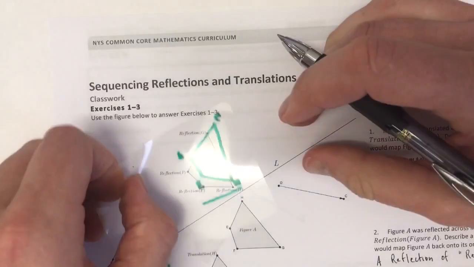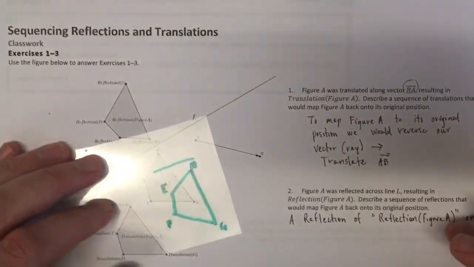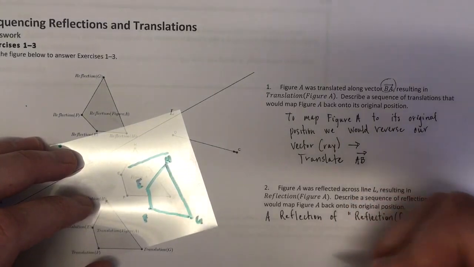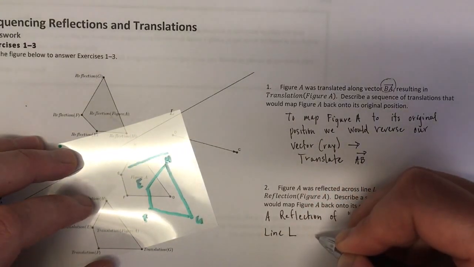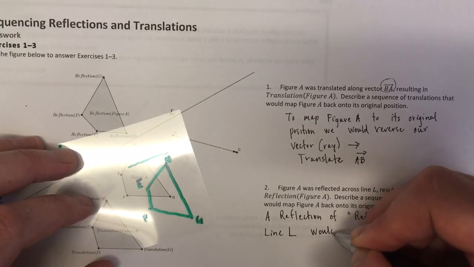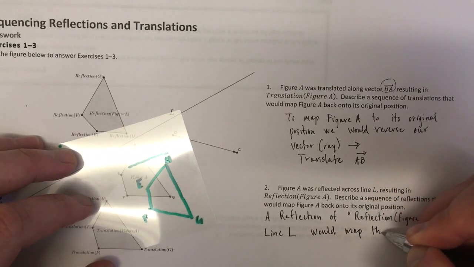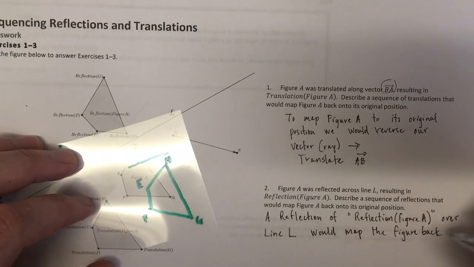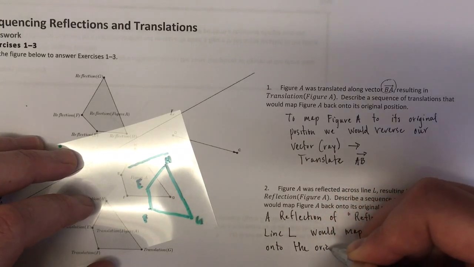Well, I kind of kept it right on line L, so I would reflect it over line L, and that would give me what I want. Over line L would map the figure back onto the original.